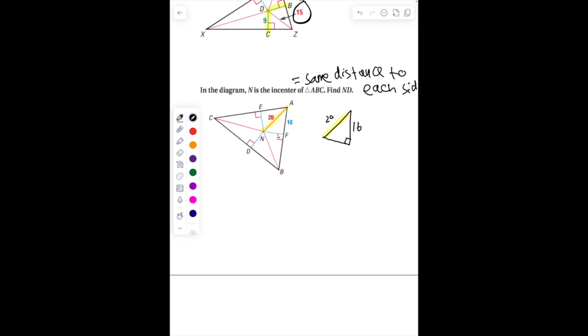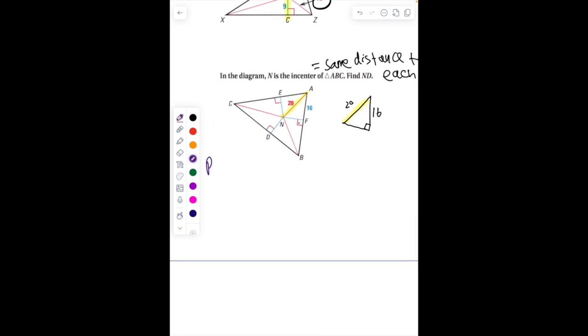So when we get two sides of a right triangle like this, we can basically always find the third side using a special formula, the Pythagorean theorem. The classic way to think about it is a squared plus b squared equals c squared.